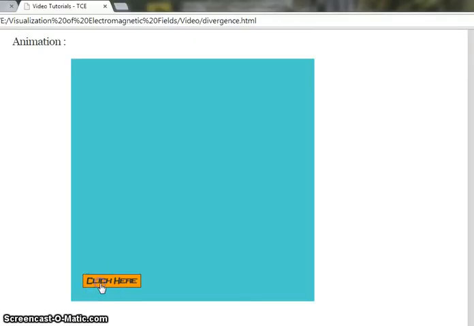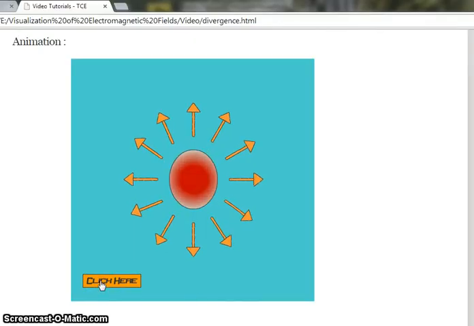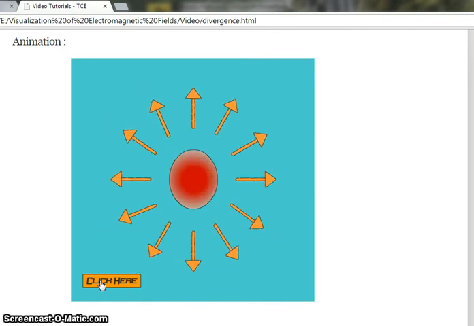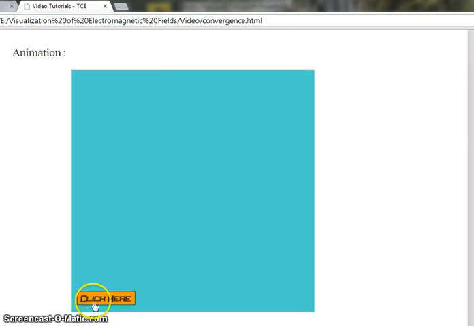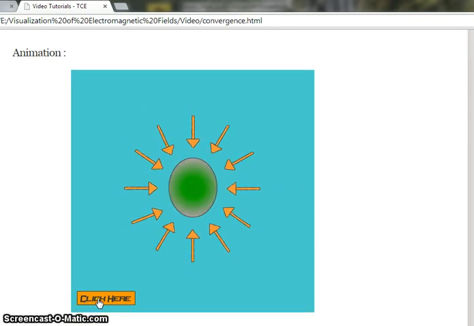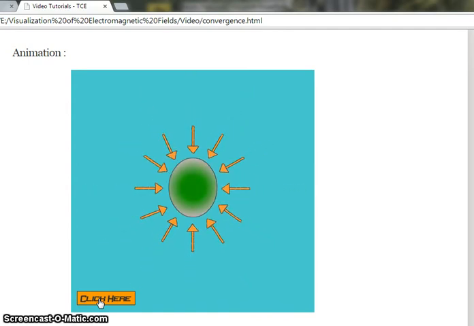Look at this animation, which shows the nature of a positive charge. This red ball looks like a positive charge, and we see that the electric fields are simply emerging out of it. Now look at this animation. We have a green ball which acts like a sink for the electric fields. That is, it collects all the electric fields.